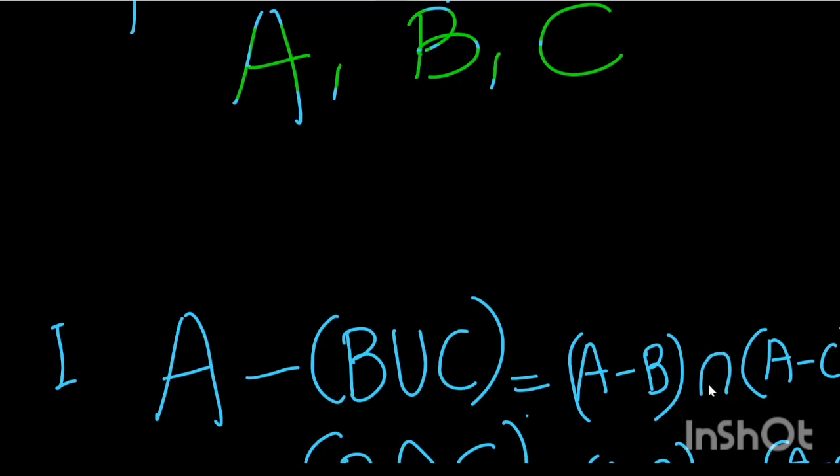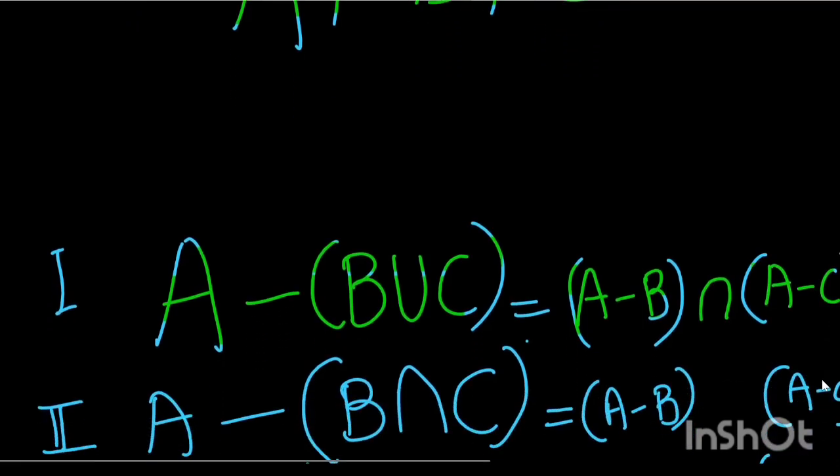So A minus (B union C) is the intersection of A minus B and A minus C, guys.